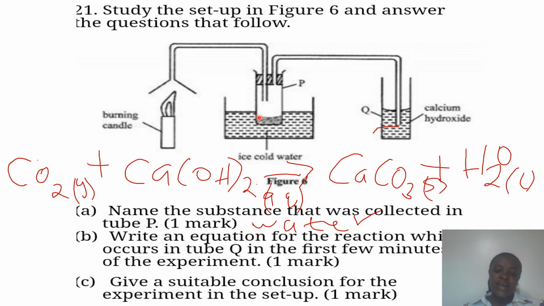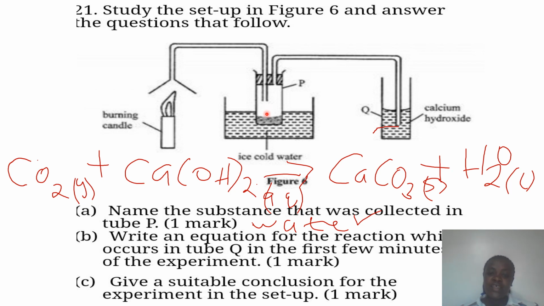From this experiment we can conclude that burning a candle produces two substances, that is carbon dioxide and water, and we have proven that because we are going to test that the liquid formed here is water by the use of anhydrous copper 2 sulfate, and it will turn from white to blue.